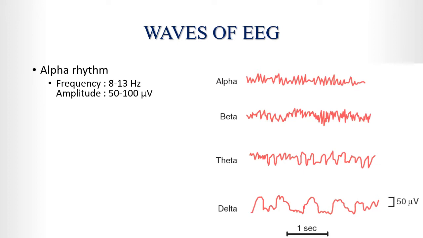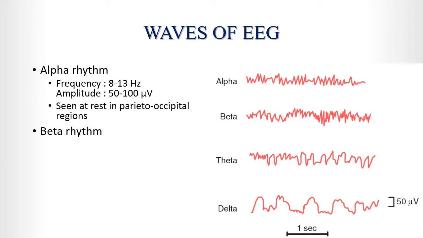Alpha rhythm frequency is 8 to 13 Hz and amplitude is 50 to 100 microvolt. It is seen mostly at rest in the parieto-occipital region when the person is lying with eyes closed.